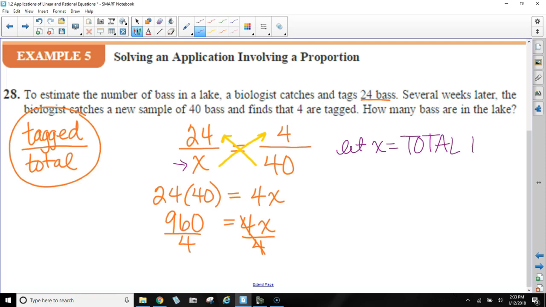It's the total bass in the lake. And that is what we're going to get when we solve for X here. X is equal to 960 divided by 4. That comes out to be 240. And we'll label that as total bass in the lake.